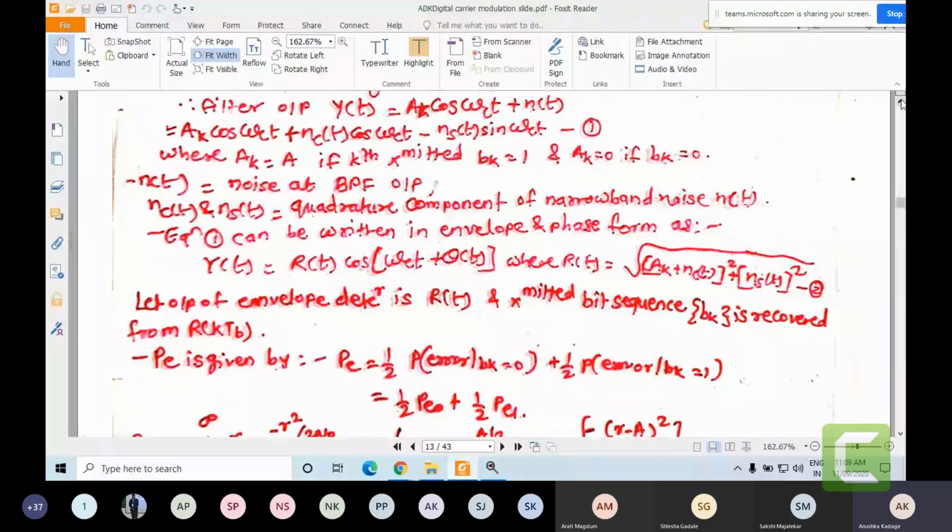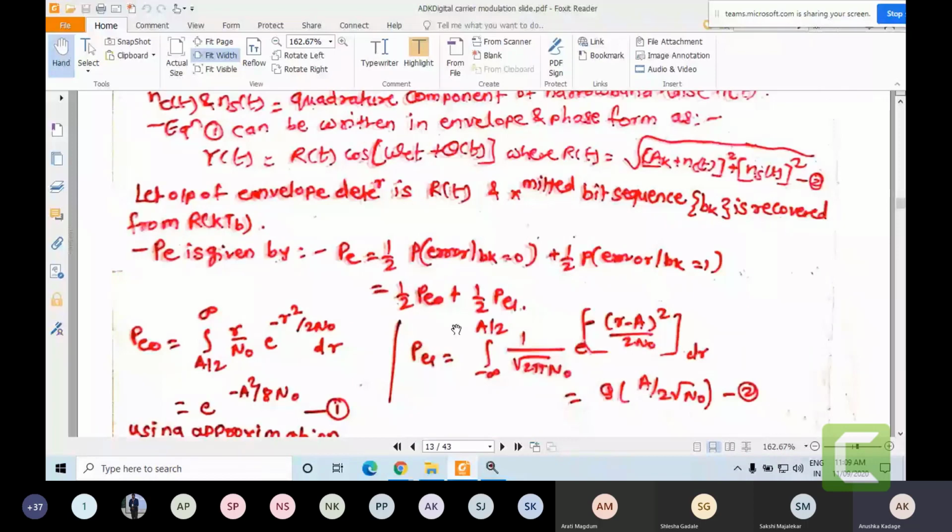So here A by 2 and here also A by 2 is existing. And here the Gaussian probability density equation for the probability we are going to observe. So it will be 1 upon under root 2 pi N0, which is the noise power spectral density for the noise, e raised to minus (r minus A) square divided by twice N0.